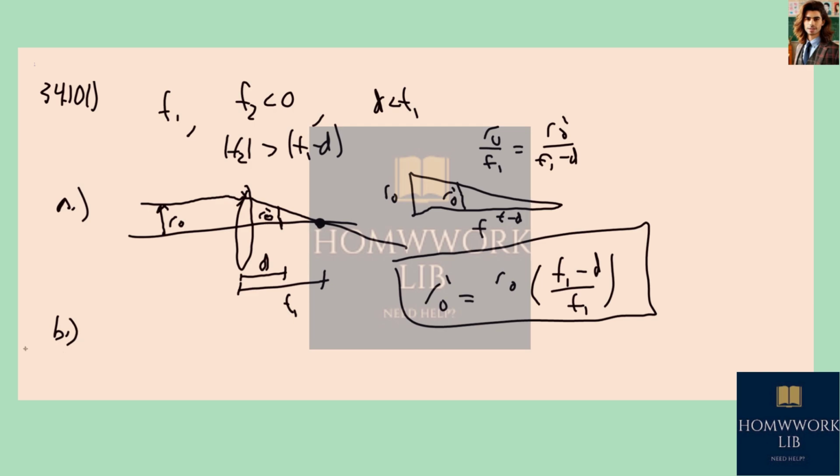Part B says, show that the final image I prime is formed at a distance that. To figure out what the final image is going to be, let's see here.